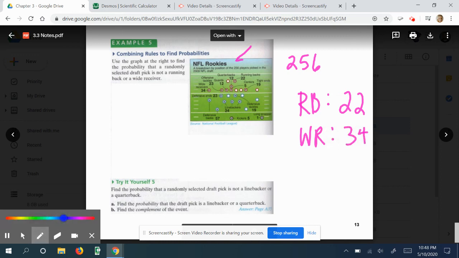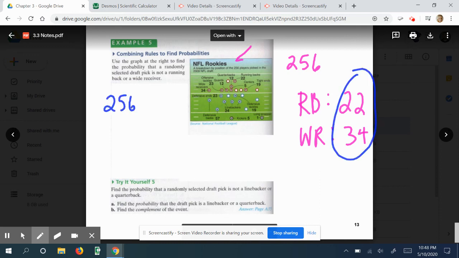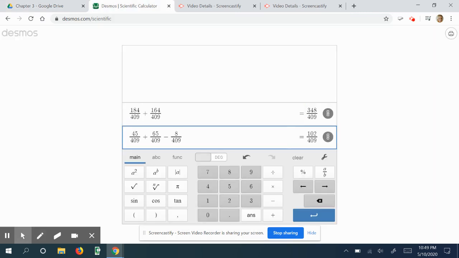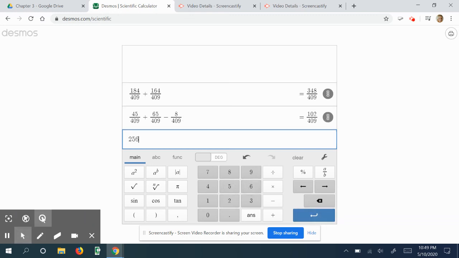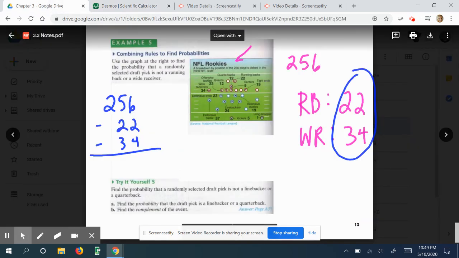So what's the probability of not a wide receiver or running back? Well, it's everything else. It's everything minus these amounts. So I'm going to take 256, subtract 22, and subtract 34 from it, and I get 200.